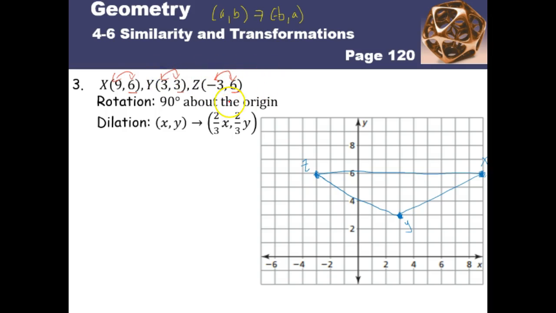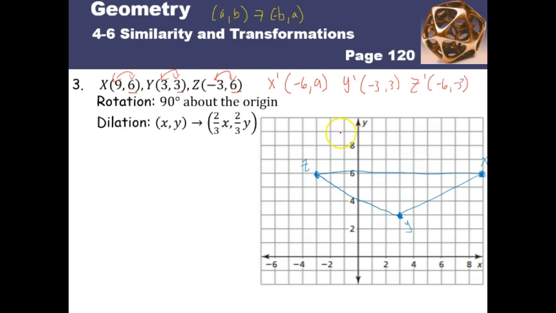So that means that x prime has to be what? Well, negative 6, because that has to change signs, and then 9. And y prime has to be, this one changes signs, so negative 3, and then 3. And z prime has to be negative 6, and then negative 3.